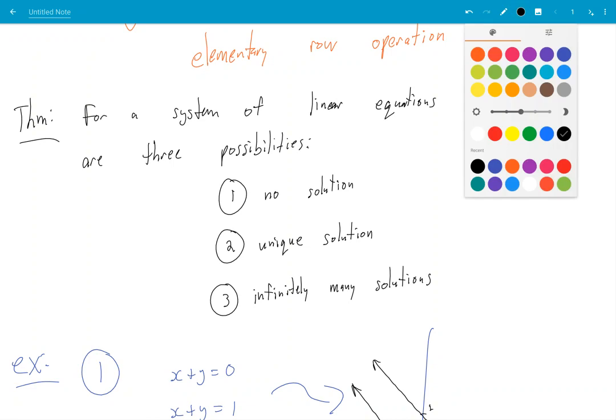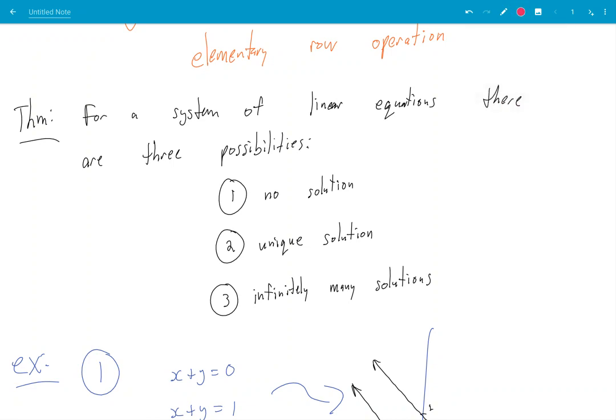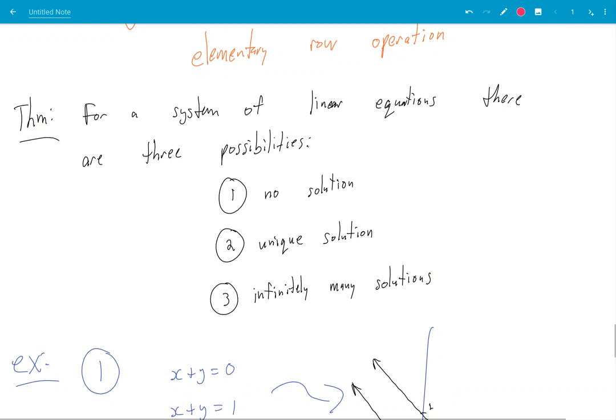Okay, what else do I want to say? We got some more words here. No solution, we also say that the system is inconsistent.